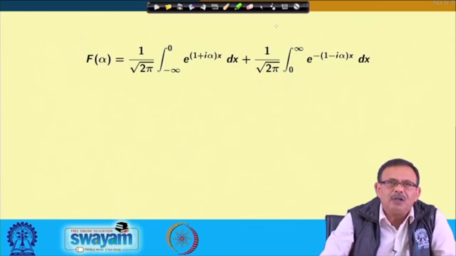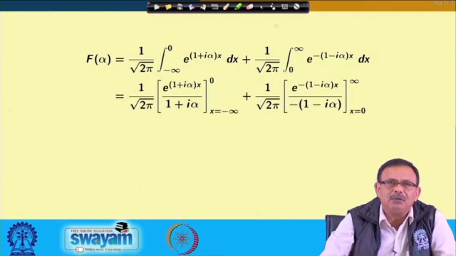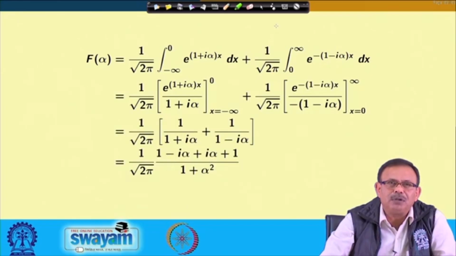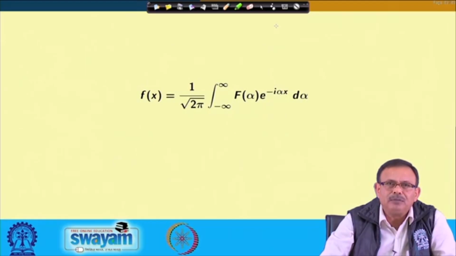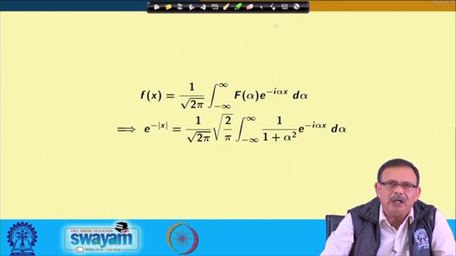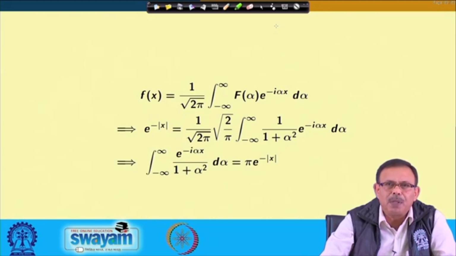So, the Fourier transform f alpha, as already shown, is root over 2 by pi into 1 by 1 plus alpha square. Then f x is 1 by root 2 pi, minus infinity to infinity f alpha into e power minus i alpha x d alpha, and this implies f x is e power minus mod x. So, the value of the given integral will become pi into e power minus mod x.